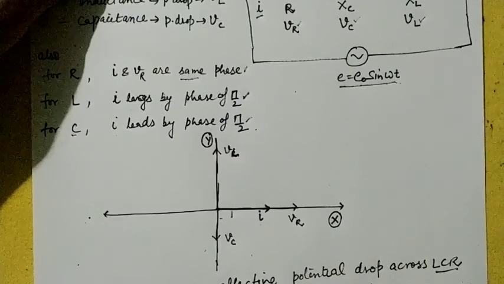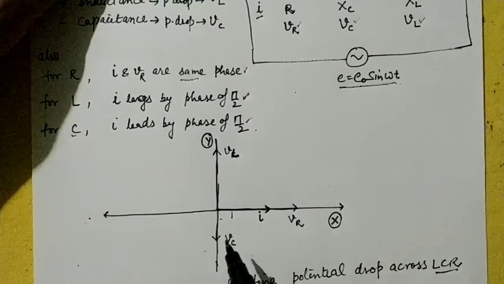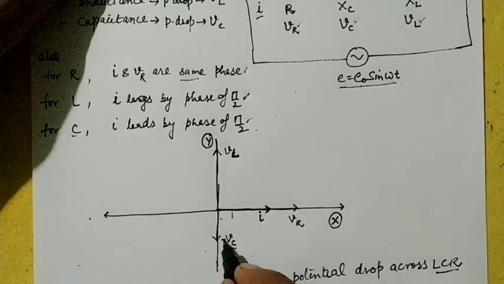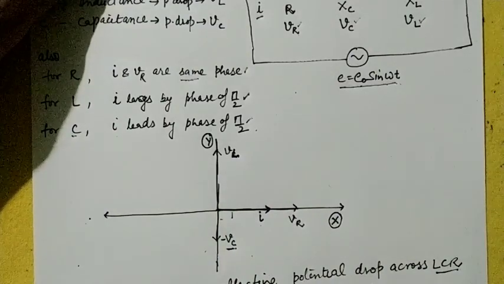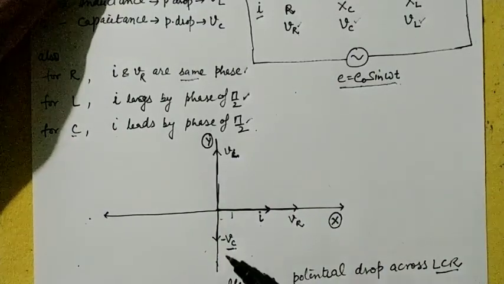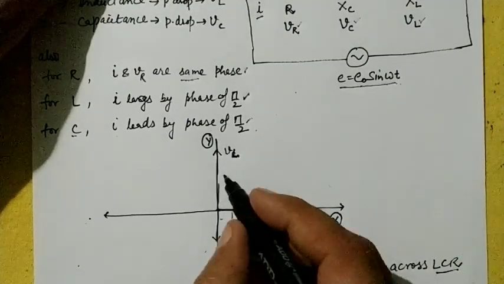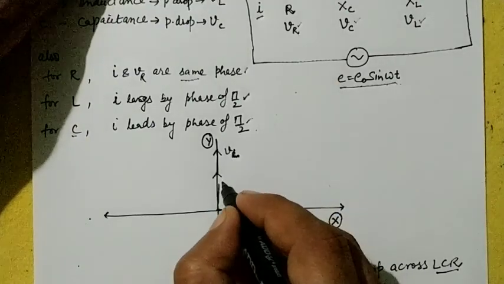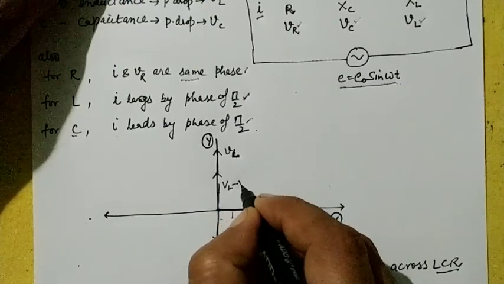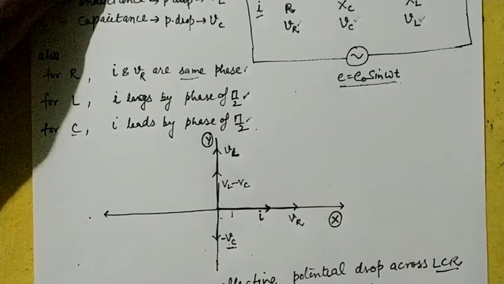Now I want to find the effective value of the potential drop. If you see, VC is on the downside, meaning it has a negative sign, and VL is on the positive y-axis, so it has a positive sign. If we add those voltages, we find that the effective voltage for VL and VC will be equal to VL minus VC, because both have opposite signs.